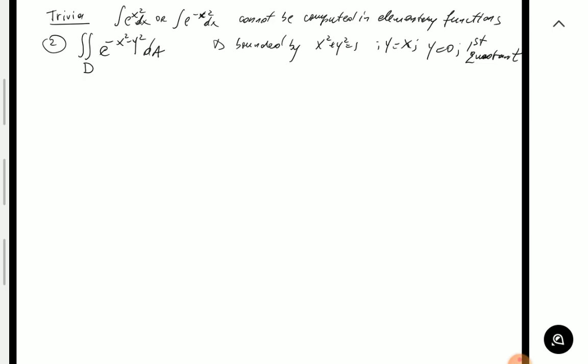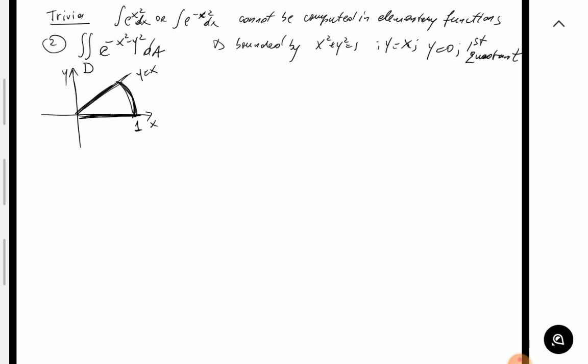Okay, so if I were to sketch this domain, it'll look like this, kind of similar to the one before, but in the lower portion of the xy plane here. So the radius is 1. This is y equals x, and of course y equals 0 is the x-axis.